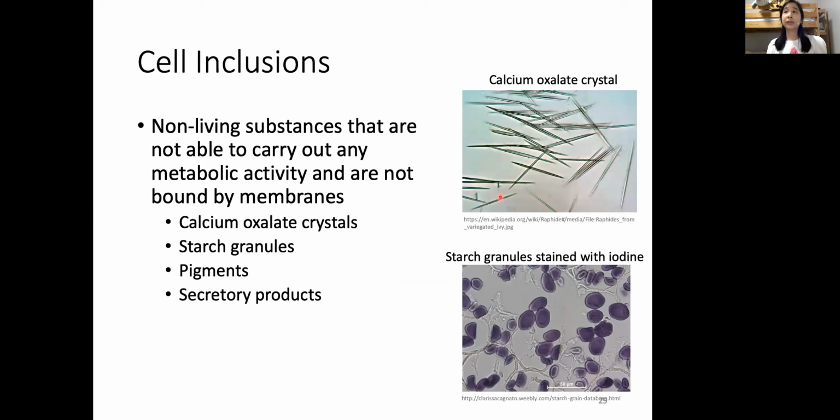You see this crystal in the lab, and the other one is starch granules. This one becomes purple because it is stained with iodine. Otherwise, you see the clear structure, which is difficult to see. In addition, cell inclusion examples are pigments and some secretory products like resin and tannin.